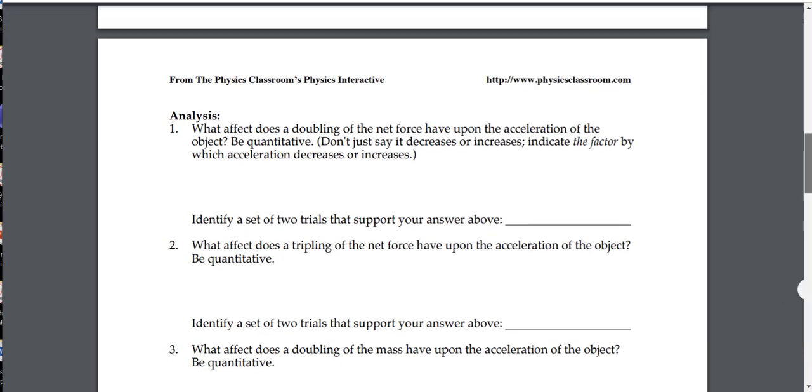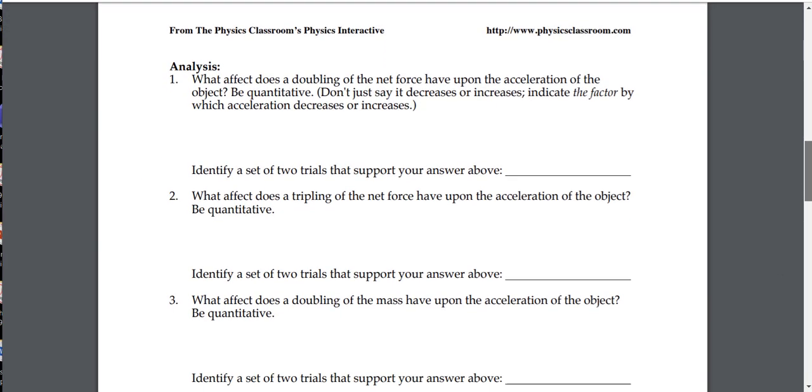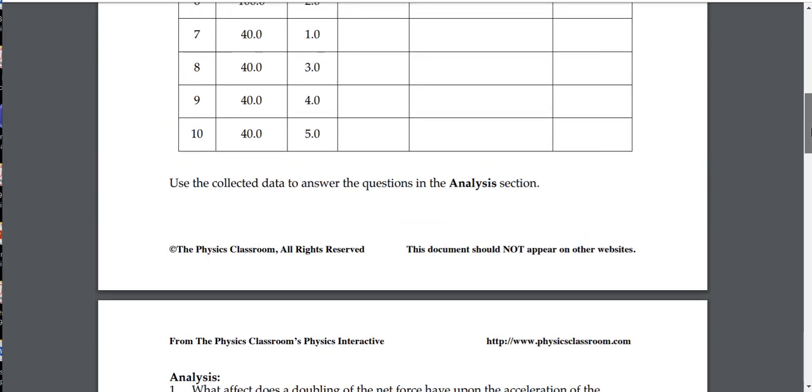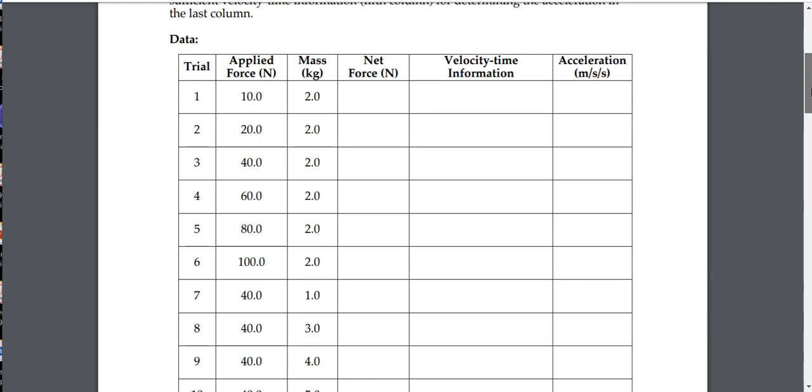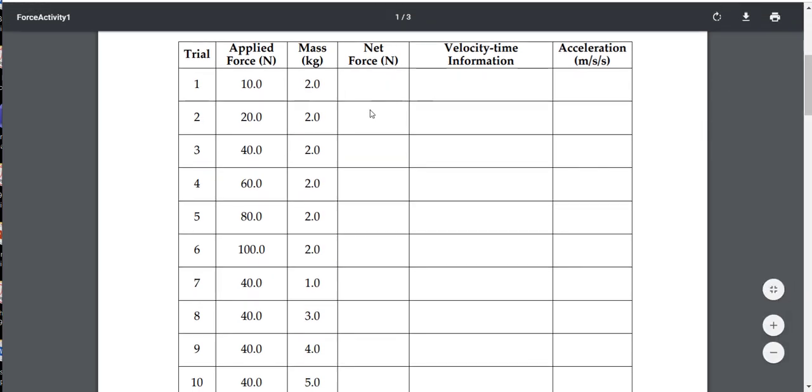And going down to the second sheet. Now this is where you actually have to analyze what you found. It's asking, what effect does doubling the net force have upon the acceleration? So you will go back up to one of your scenarios and ask, when was the net force actually doubled?